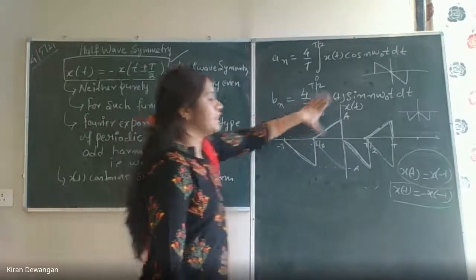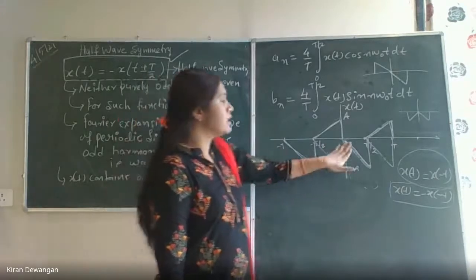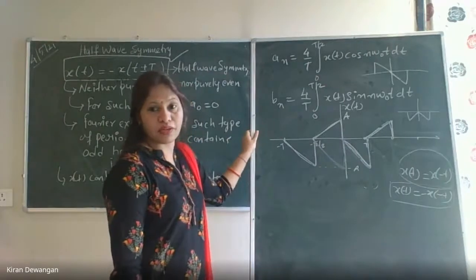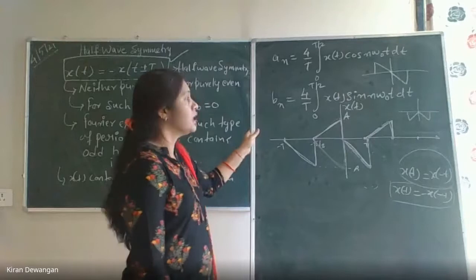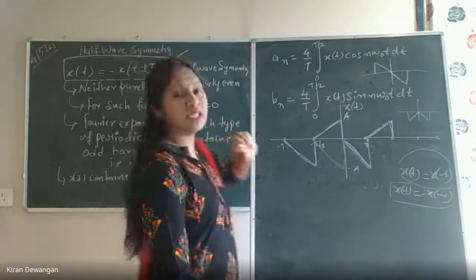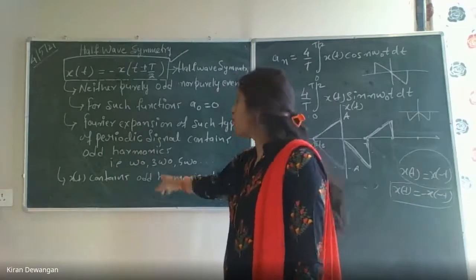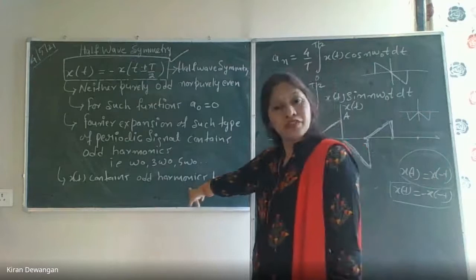So if it is satisfying this condition, then we can directly say that this particular signal has half wave symmetry. It is said to satisfy the half wave symmetry, and all these conditions will be applied to it. मतलब इसमें a naught will be 0, and it will have an and bn with this formula, and it will have only odd harmonics.